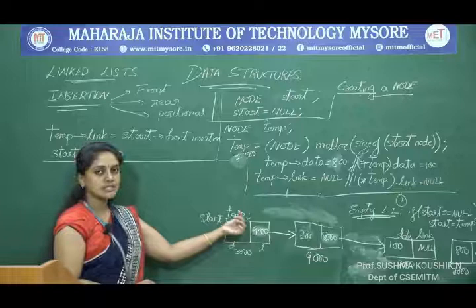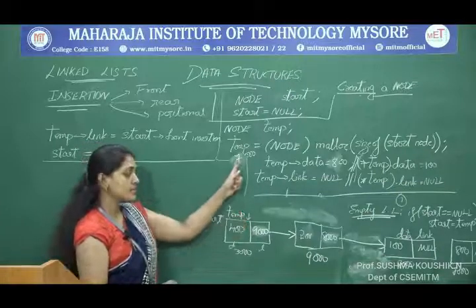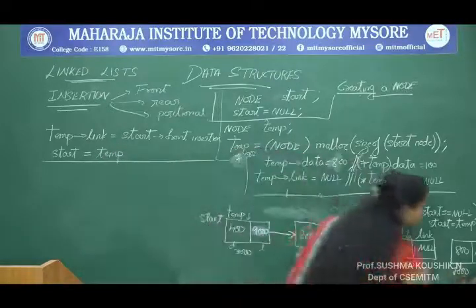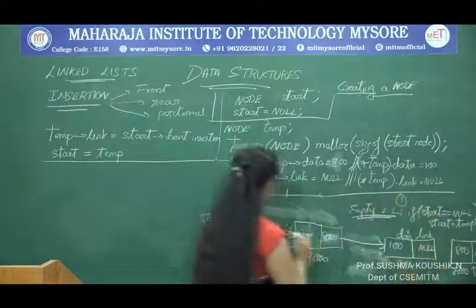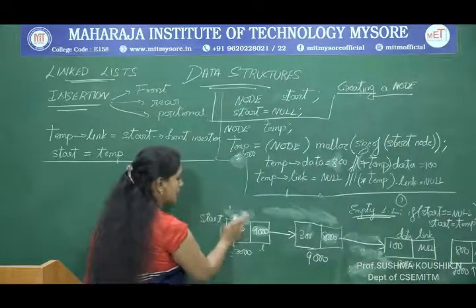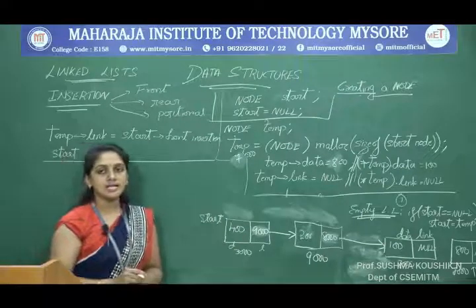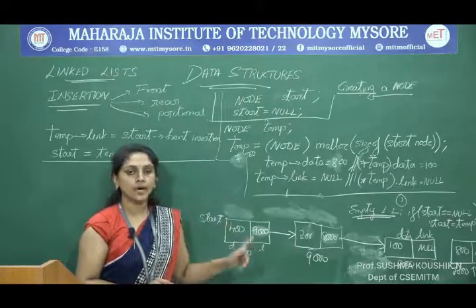So we shall use one more variable. We cannot use temp, because temp is already utilized to create a new node. Temp is now pointing to the new address 7000, so it is no longer pointing to the beginning. So for traversing I have to use one more pointer.